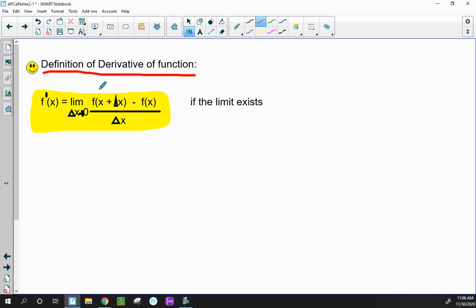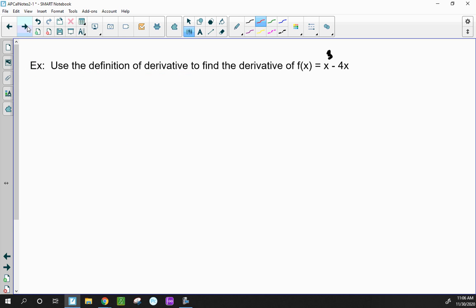So it's f of x plus delta x minus f of x, divided by delta x. And that's if the limit exists. So derivatives and limits are connected in this way. Anytime the direction says find or use the definition of a derivative, they're asking you to apply what's on the board to your problem.